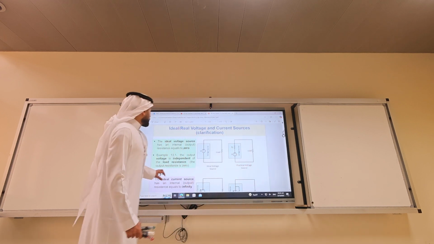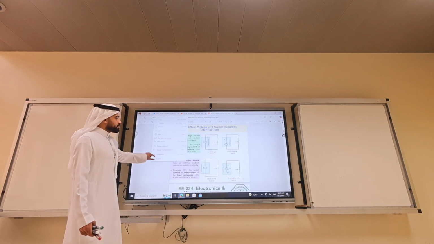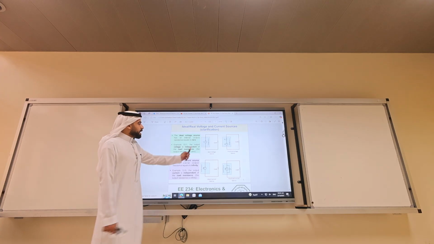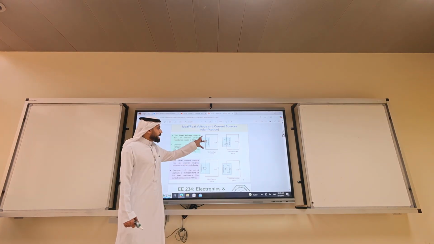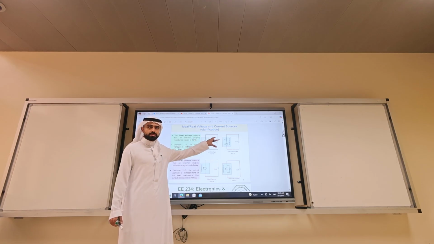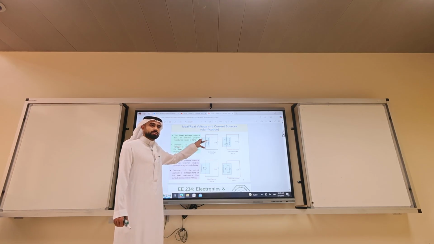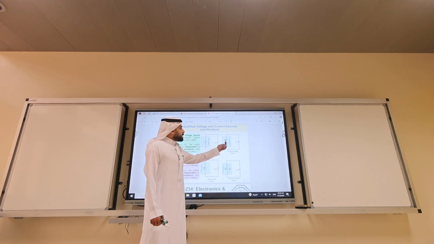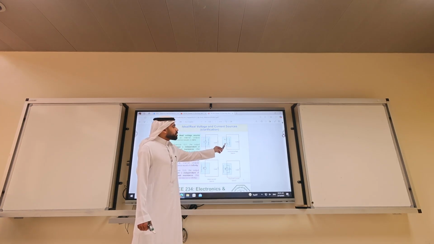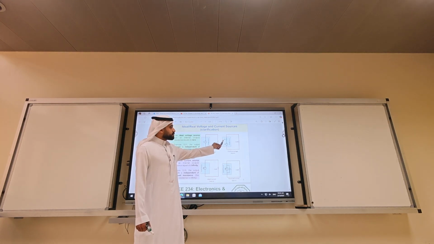So before we start, let me revise this slide because somehow it's relevant today. When we have an ideal voltage source, we have a battery and a source, or a function generator and a source. All of you now know what a function generator is. In practical situations, the voltage source has impedance at the beginning.